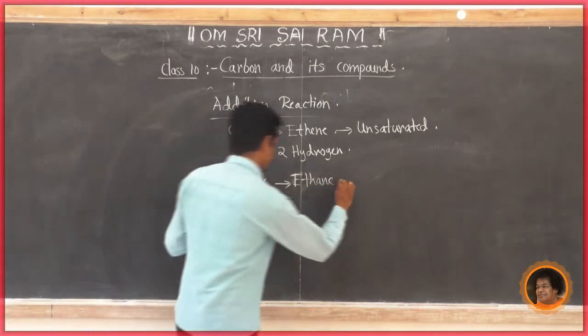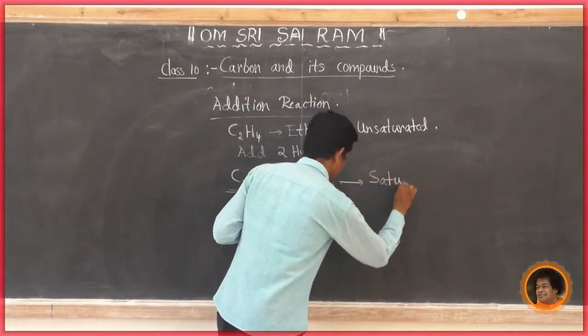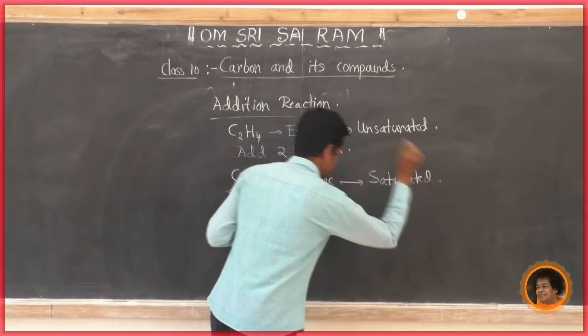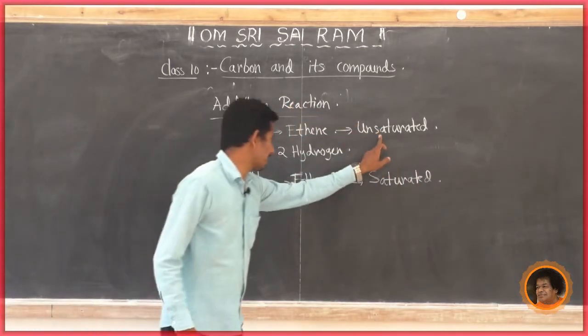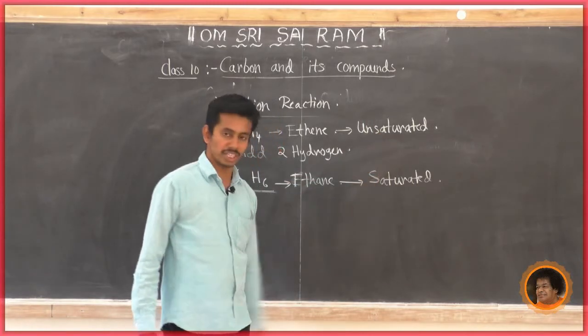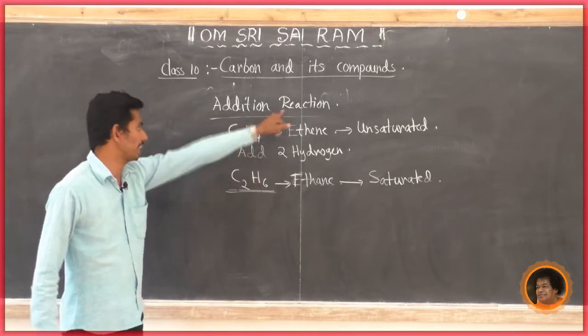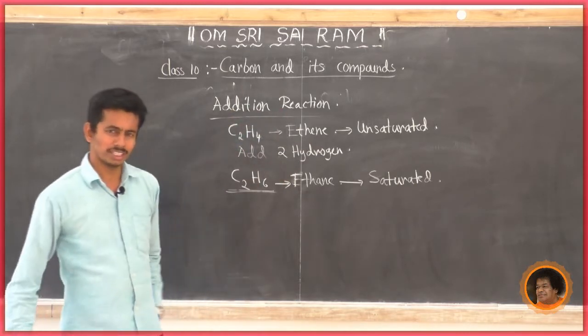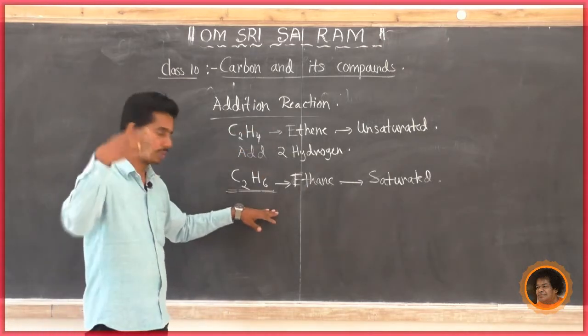Ethane means it is an alkane, so it is converted into saturated. So ethene is converted to ethane, or an unsaturated hydrocarbon is converted into a saturated one, by adding two hydrogens. This reaction is called an addition reaction. Is it possible to add two hydrogens easily to ethene to convert it into ethane?